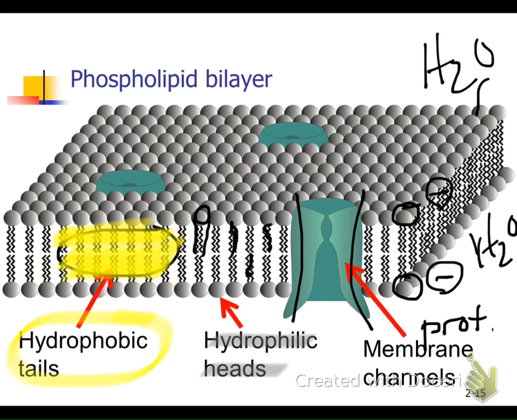And that's true not only on the inside, but also out here on the outside of the cell. So that's a very basic cartoon of the phospholipid bilayer that makes up the cell membrane.